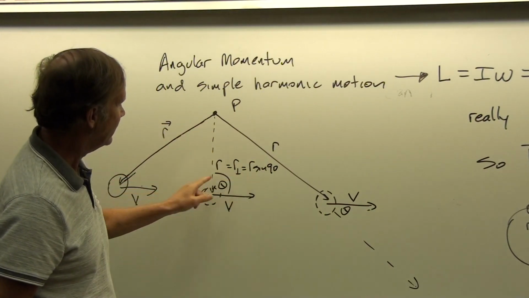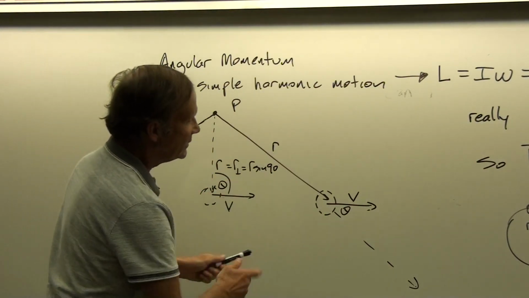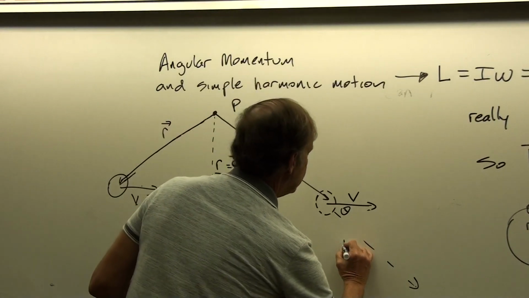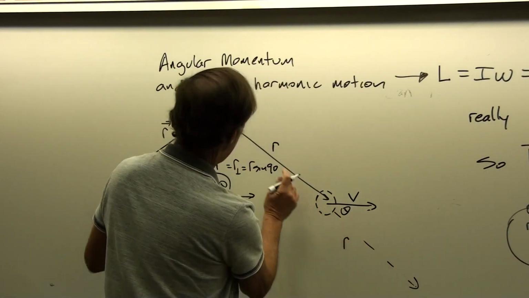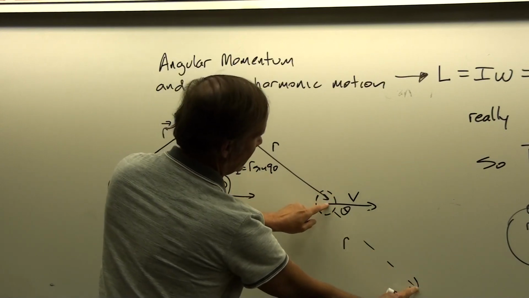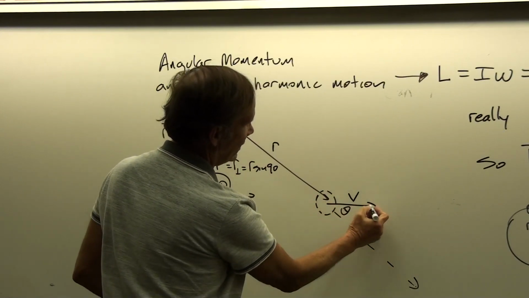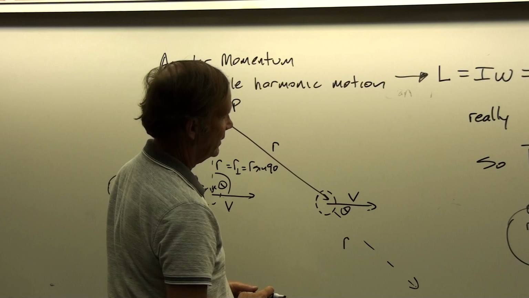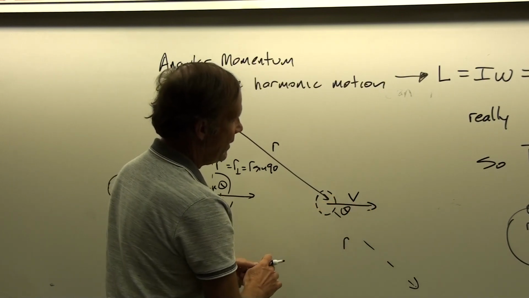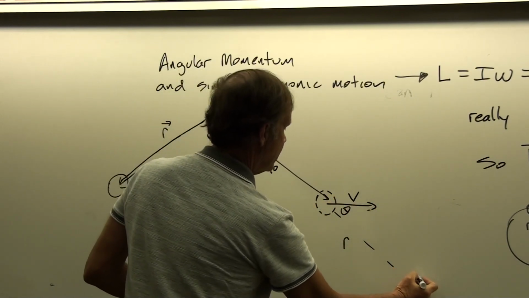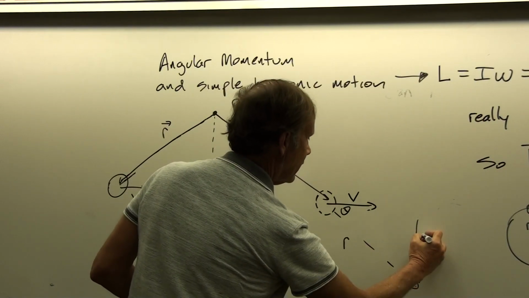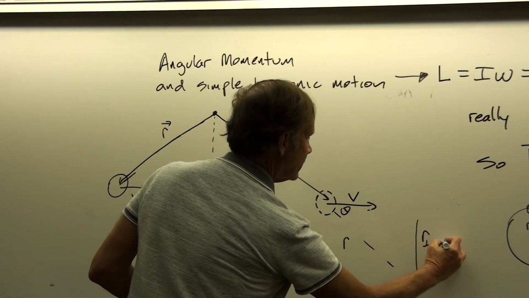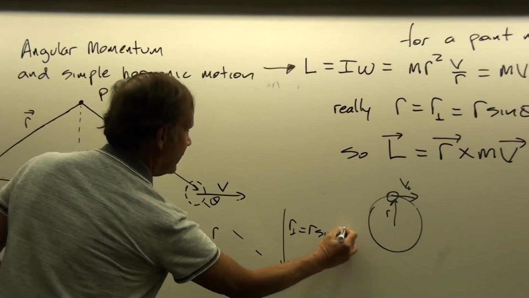That's r sine theta, where theta is the angle between v and r in general. Okay, and so if this is r, then here I'm just moving the r vector so that its tail connects in with the tail of v. Then r perpendicular is going to be this part here. So this will be r perpendicular, which is r sine theta.